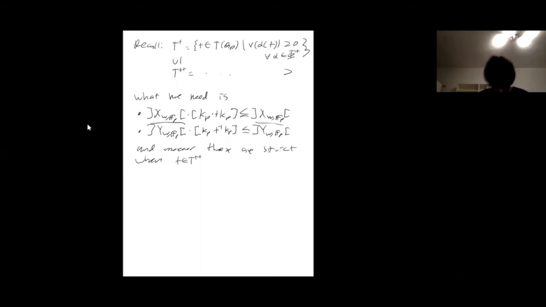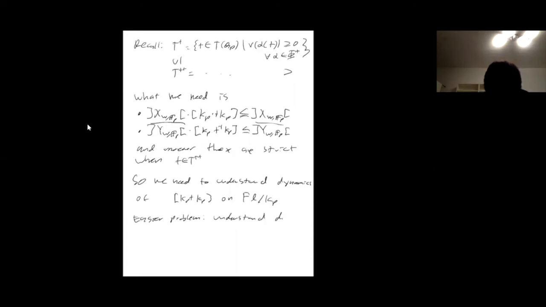So let me try to just roughly explain why this is true. So we need to understand the sort of dynamics of these Hecke operators KPT, KP on, not P1, I'm about to do P1 on the flag variety on KP, but a sort of easier problem is to understand dynamics of just T plus on the flag variety.